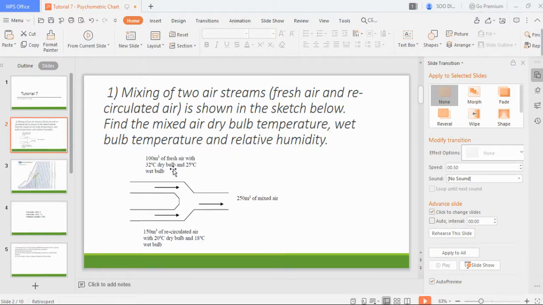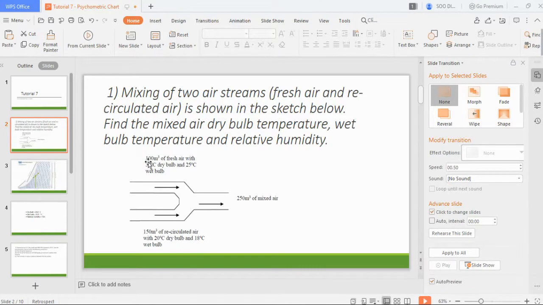So you are given 2 streams of air. You have to find out what's the mixed air dry bulb temperature and wet bulb temperature, and also the relative humidity. Here you have a fresh air which is 100 meter cube with 32 degrees Celsius dry bulb and 25 degrees Celsius wet bulb, and you are also given a recirculated air which is 150 meter cube at 20 degrees Celsius dry bulb and 18 degrees Celsius wet bulb.